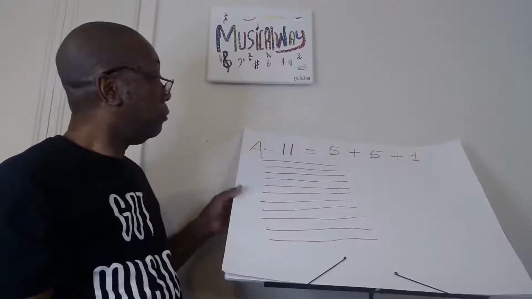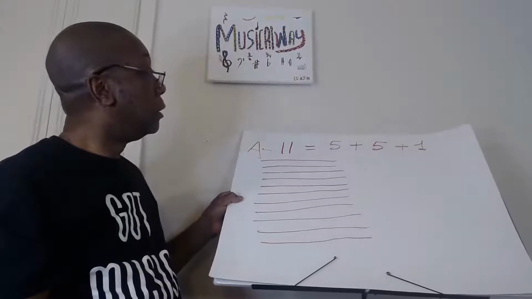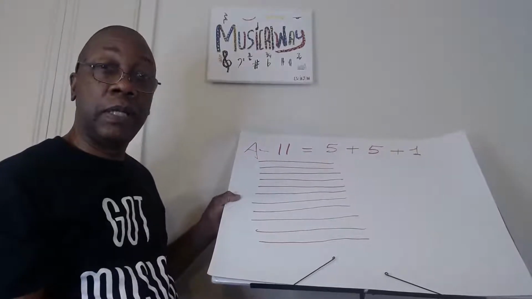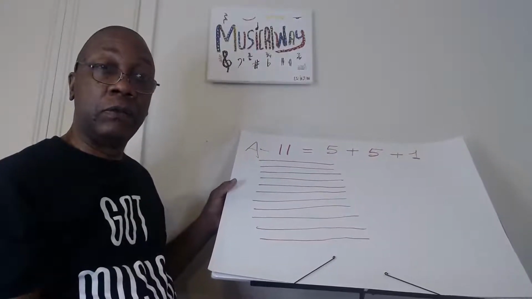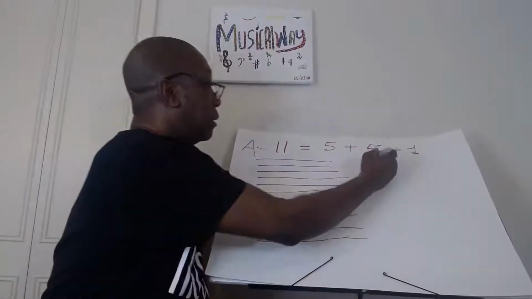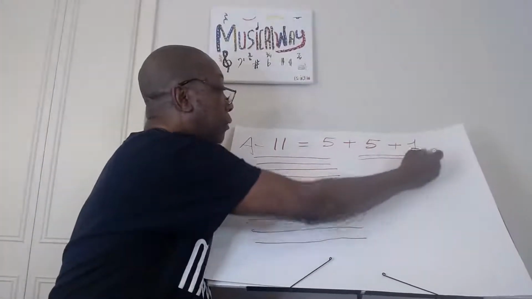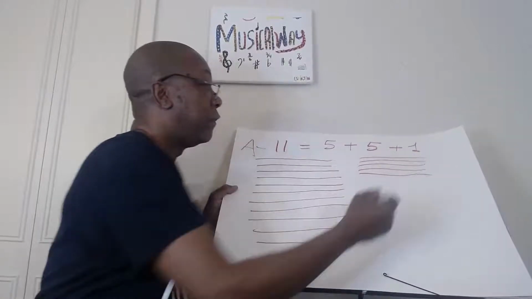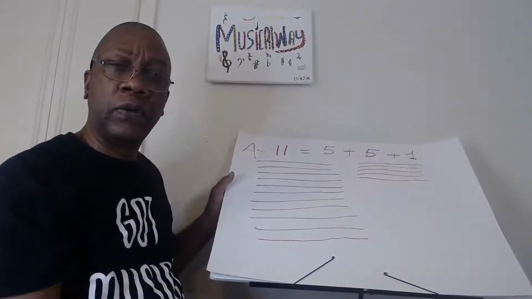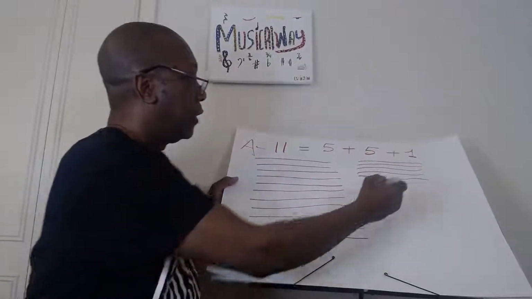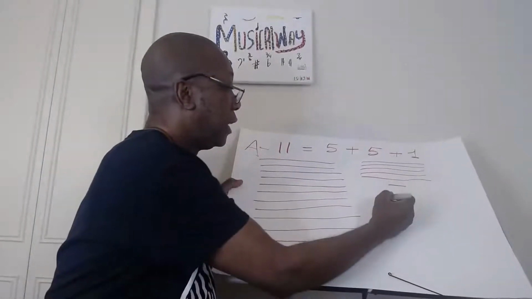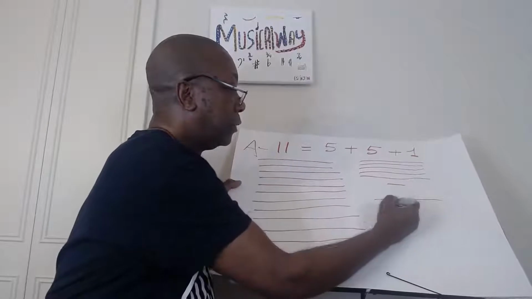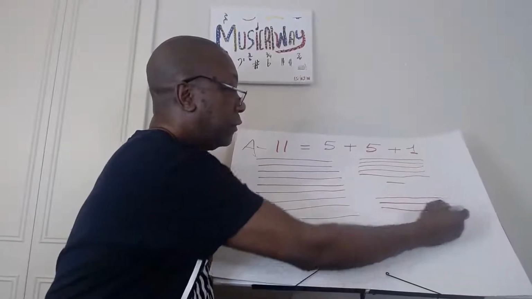Now, let's find out about the next numbers. 11 can be divided in two groups of fives. 1, 2, 3, 4, 5. But that's number 1. What do I do with the 1? Why don't we keep the 1 in the middle? And we have another group of 5.